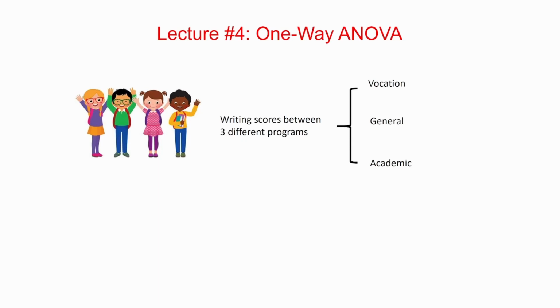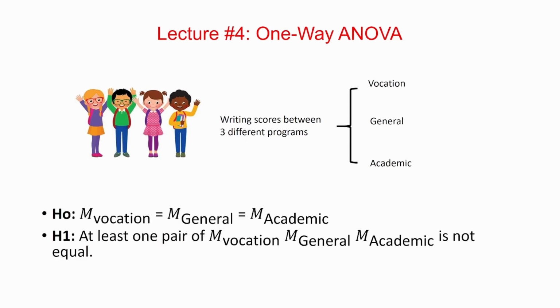We're going to see whether students from these 3 different programs have the same or different writing scores. For the null hypothesis, we're going to say that the means are exactly the same. There's no difference. In contrast, the alternative hypothesis is that at least one pair of them is not equal. So that's the null and alternative hypothesis for the one-way ANOVA.